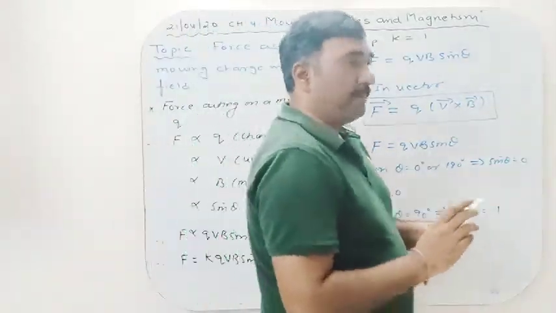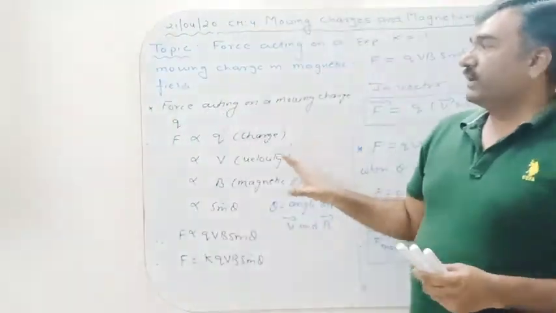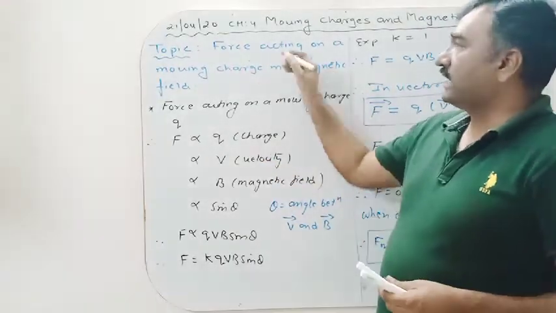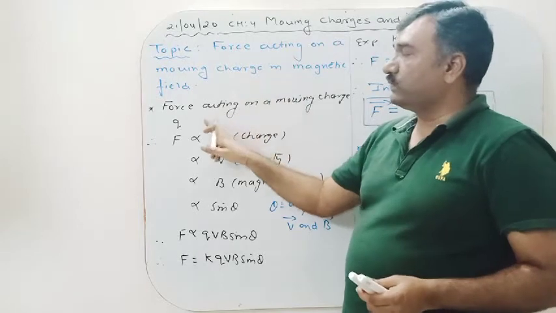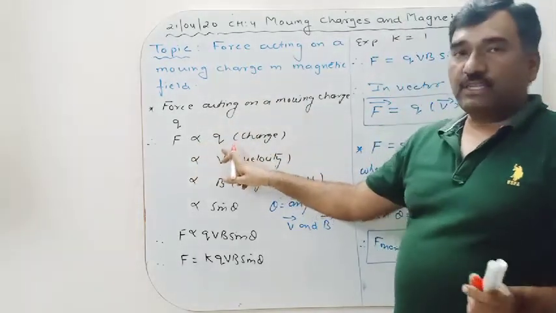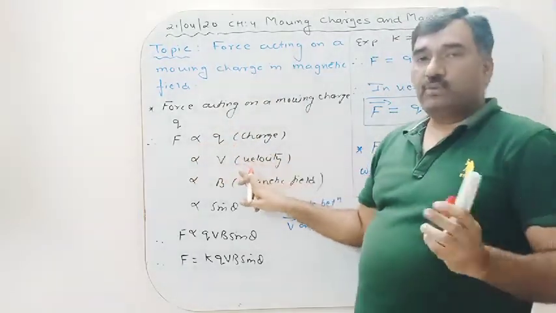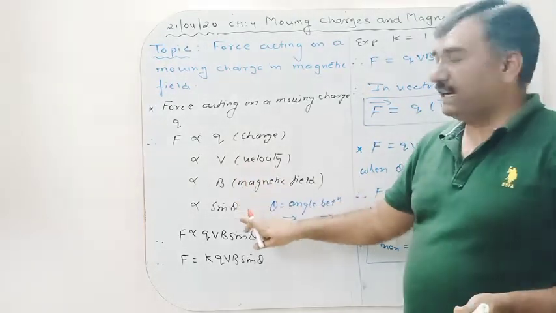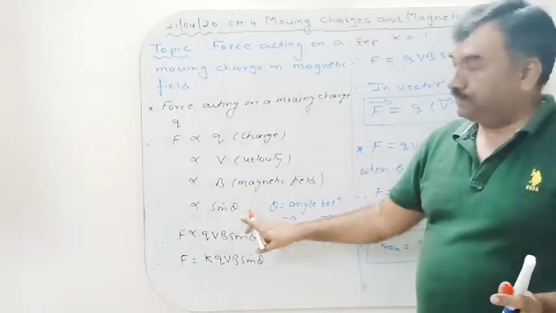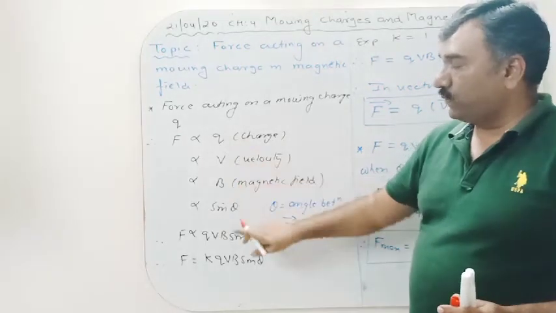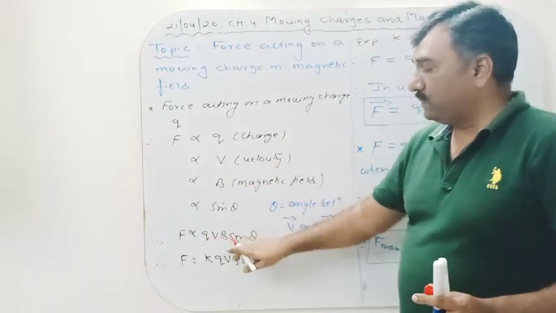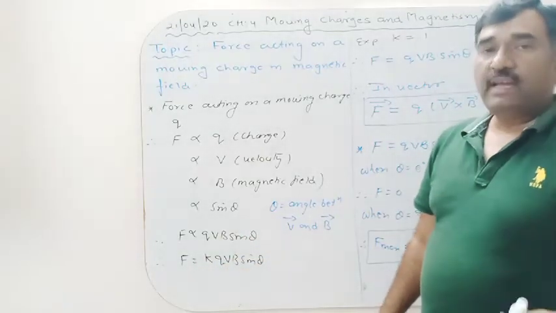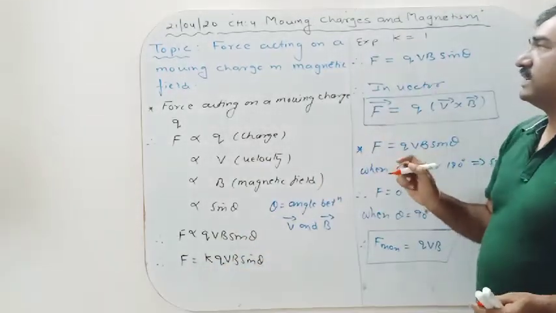Once again, in this lecture we are studying the force acting on a moving charge in a magnetic field. This force is directly proportional to the charge Q, the velocity, the magnetic field intensity, and sin theta. Combining these, F is proportional to QVB sin theta, and to remove the proportionality we put a constant K, whose experimental value is 1.